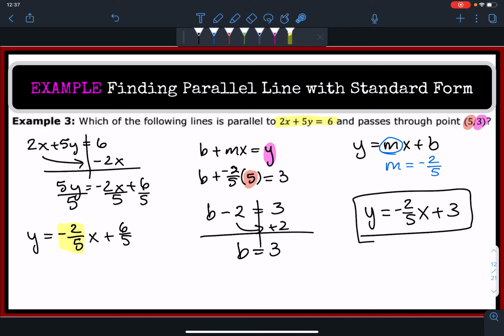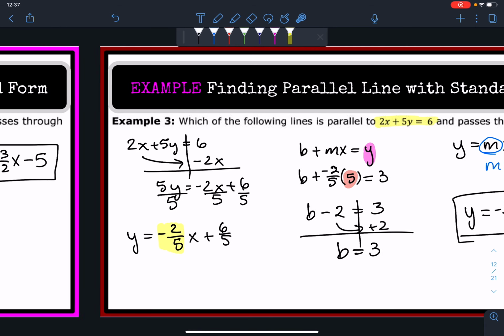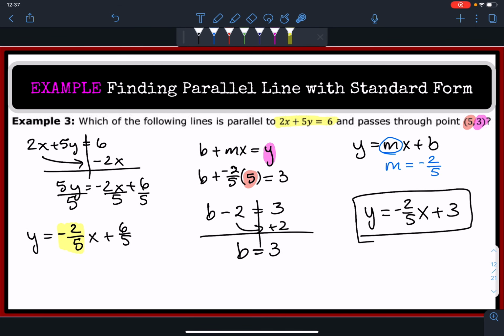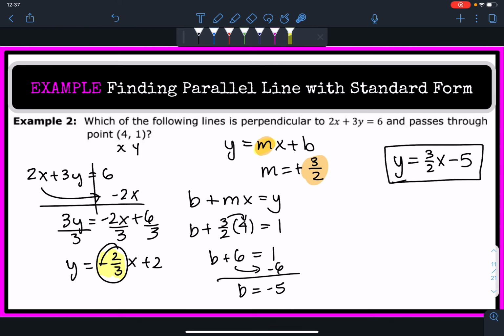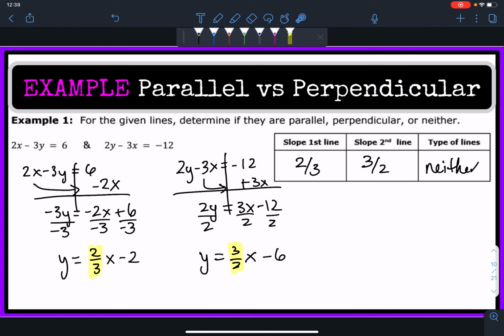And that concludes again the examples on how to write the equation of a line from standard form to the slope-intercept form, and the applications or the necessity of knowing how to do that, which is to be able to write the equation of a new line parallel or perpendicular to the existing given line, or to identify two lines as parallel or perpendicular to each other, or like in this case, I found out that they were neither.